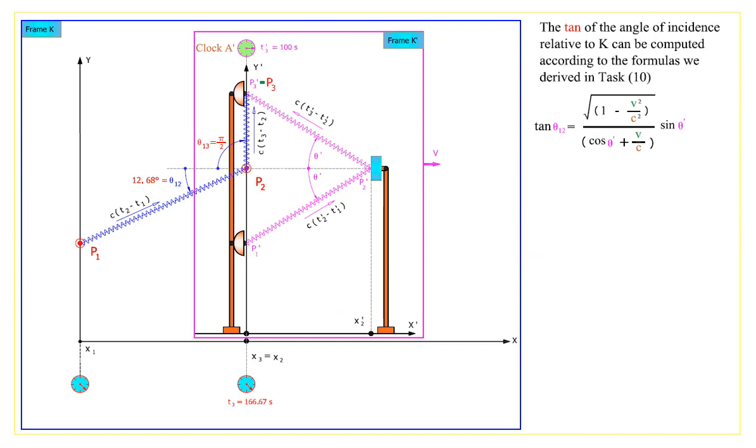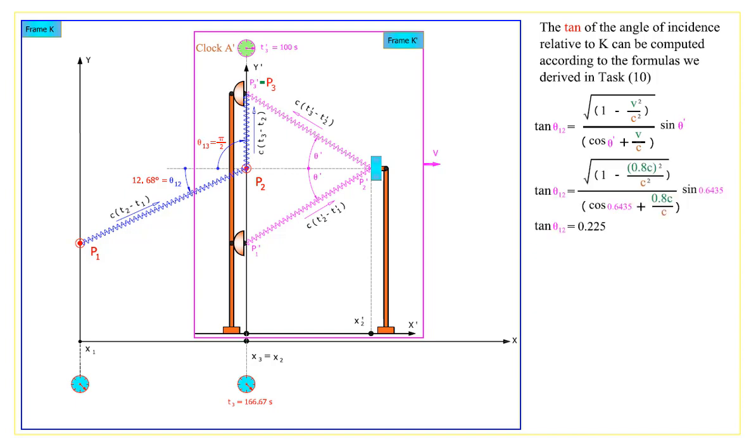The tangent of the angle of incidence relative to k can be computed according to the formulas we derived in Task 10. We have computed the angle of incidence and reflection θ' and found it to be 0.6435 radian.